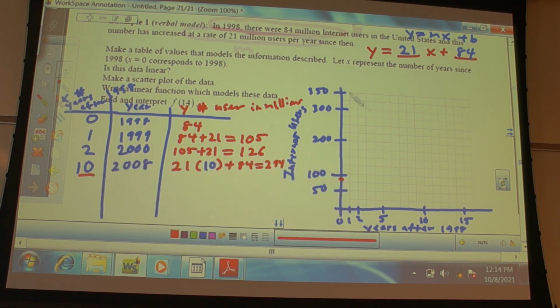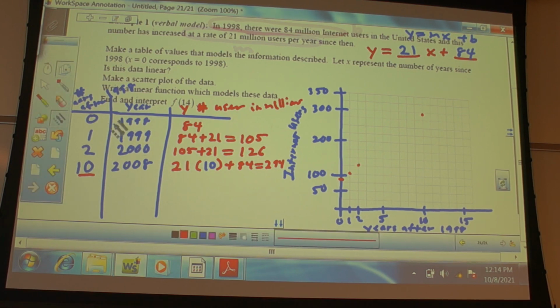So let's fill in those spots when x is 10. Graph those points. 294, it's almost 300. 1 should be 105. 2 should be 126.